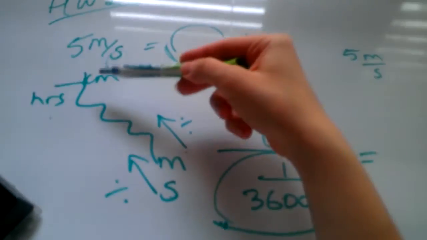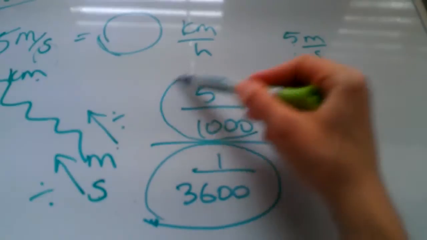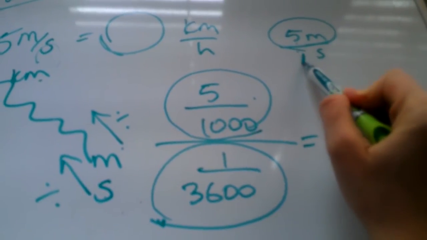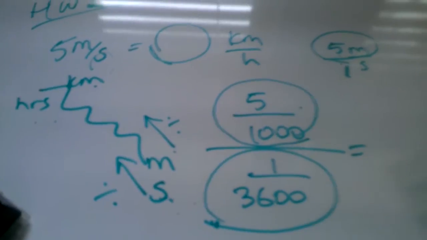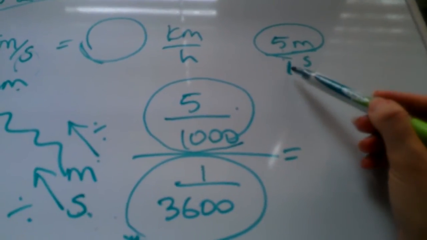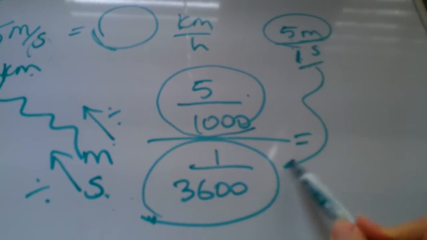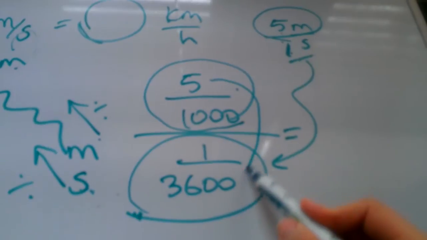Meters to kilometers, divide by 1,000 in the numerator. Seconds to hours, divide that 1 second by 3,600. And there you go.